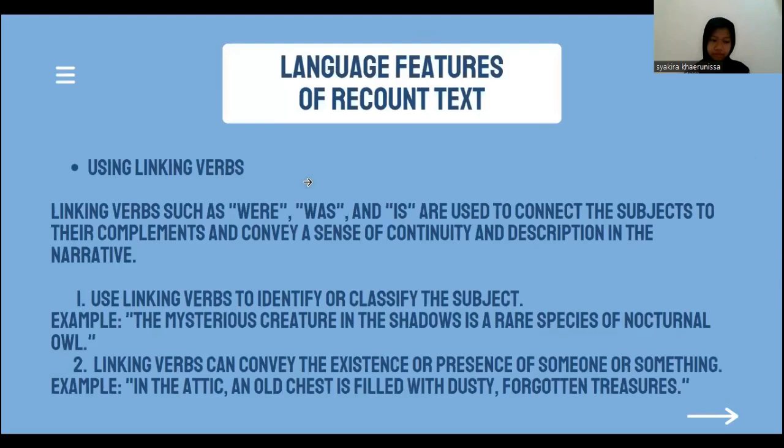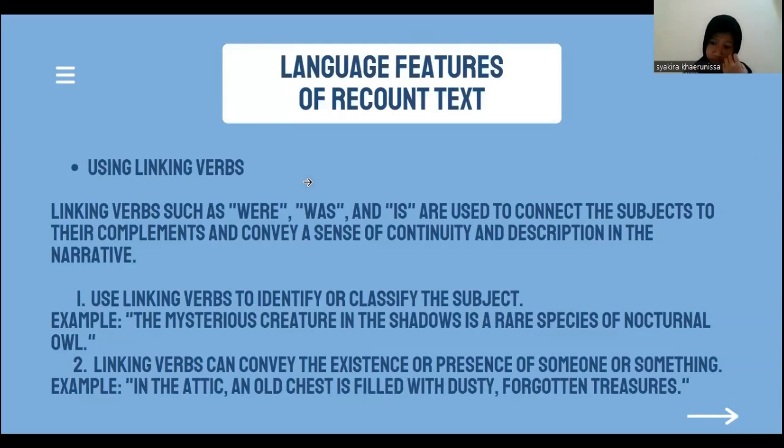Next is using linking verbs. Linking verbs such as were, was, and is are used to connect the subjects to their complements and convey a sense of continuity and description in the narrative. The first one is use linking verbs to identify or classify the subject.